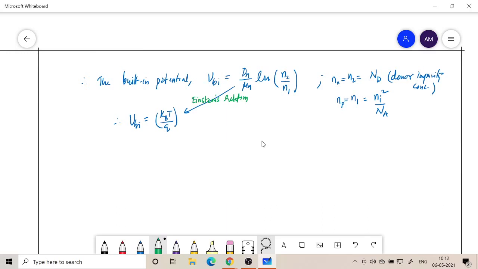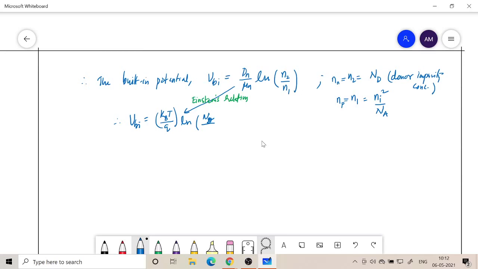Okay, so then you have ln, the natural logarithm of n2. n2 is basically ND, and I told you this is going to be very large compared to n1. Okay, so the logarithm of a quantity which is very large divided by very small is going to be a positive thing, and so this built-in voltage is going to be positive.